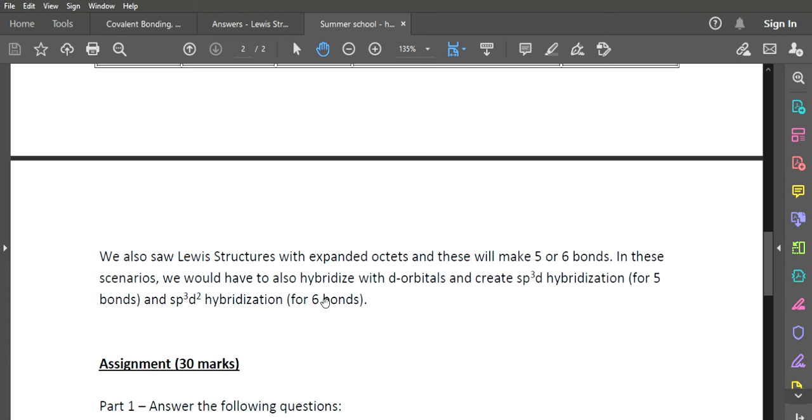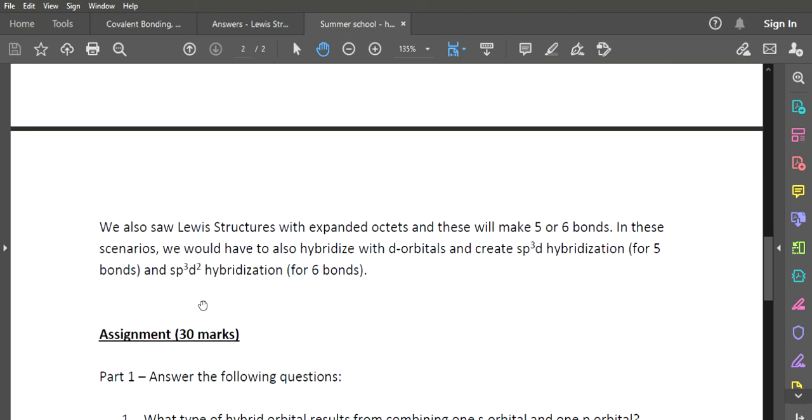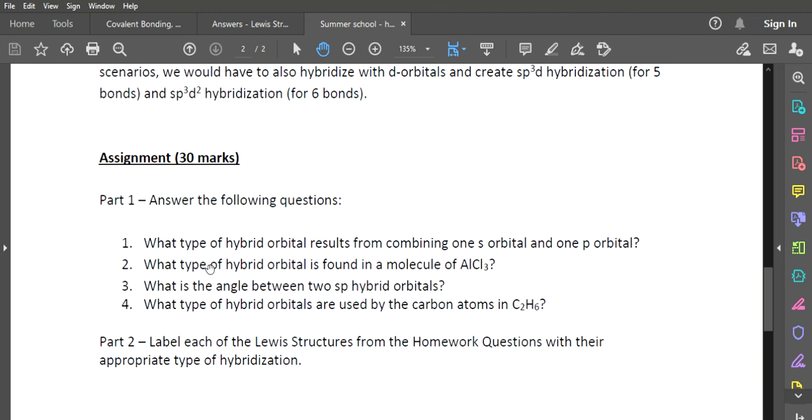And if we need 6 bonds, we need to bring a second d orbital in. And now we're hybridizing 6 different orbitals. It looks super funky, but at least we'd be able to make consistent angles, so every bond looks the same. So that is hybridization in a nutshell.